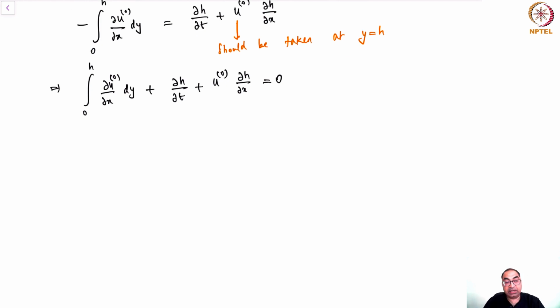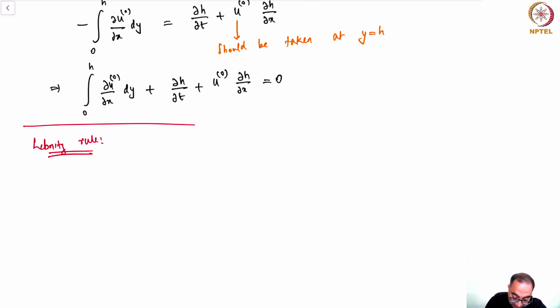Now we want to use the velocity u0, but before we do this, let's quickly use Leibniz's rule. So what's Leibniz's rule? Leibniz's rule allows me to change the order of the integration and the derivative.